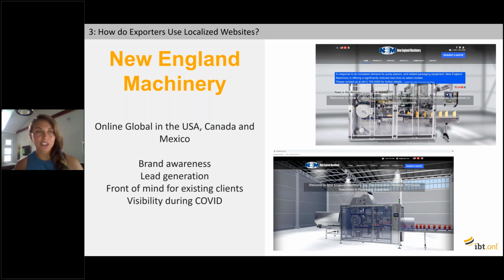They also wanted lead generation, and especially now, because they were also a company who liked to go to trade shows and trade missions, they wanted to stay front of mind for their existing customers and maintain that visibility throughout COVID. So having websites in the US and for their main target markets has really helped them in that.